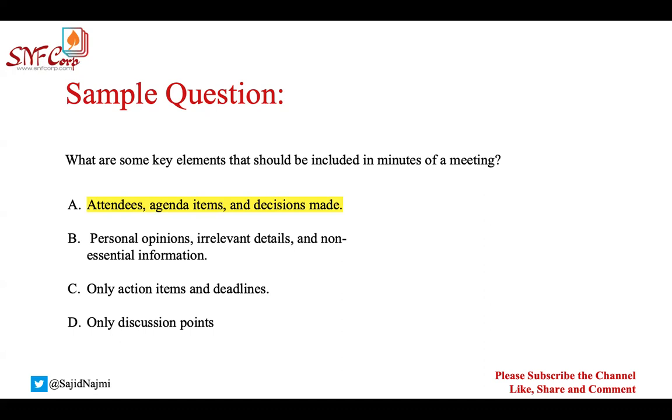You will not write personal opinions, irrelevant details, and non-essential information. So only discussion points will not be the good answer, because you also have to write the actions, and only action items is not true, because you also have to write the key points that you have discussed, and you will not want to write any personal opinions. So the correct answer is option A.